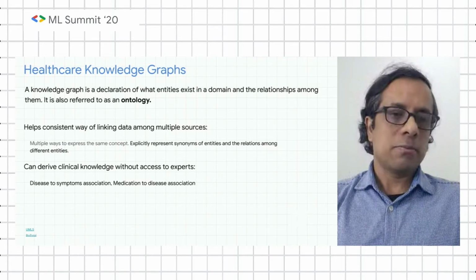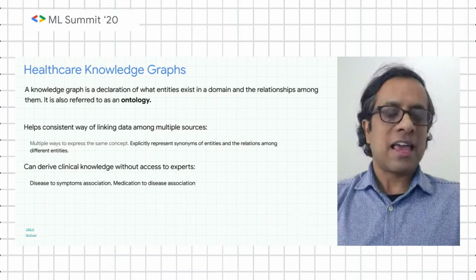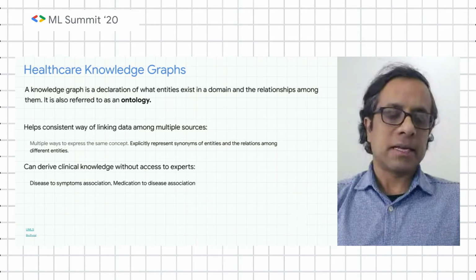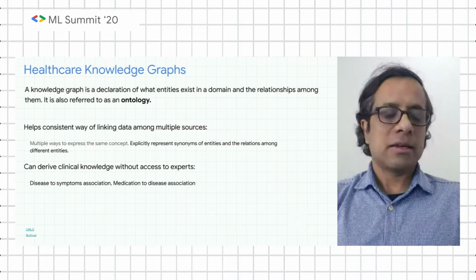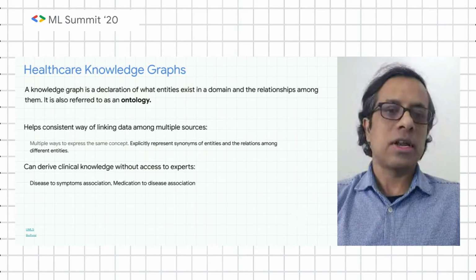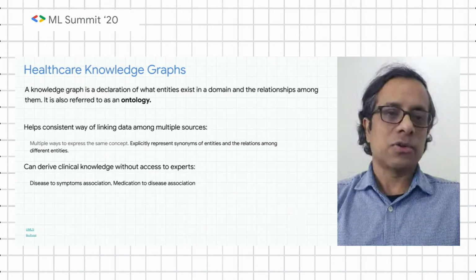Lastly, another important thing is this knowledge graph can be used to derive clinical knowledge. Like what is the symptom for a heart attack or symptom for a certain medical condition? What is some of the disease condition? What is the medication that is used for certain diseases? So all of these things are codified so that you don't need access to an expert in order to derive this.